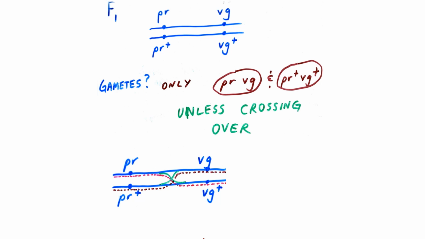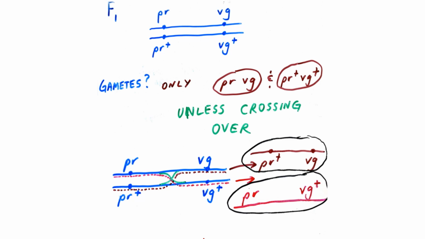It doesn't happen very often, and the closer together they are, the less likely it is to happen right between there. But every time it does, you're going to get some gametes that are not the ones we expected, the PR VG and the PR plus VG plus. So to some extent, we expect not just 2 different types of offspring, we expect 4 types, but a lot of 2 types and a few of the others.